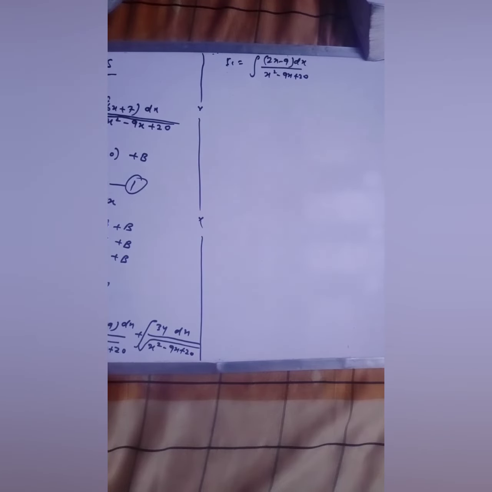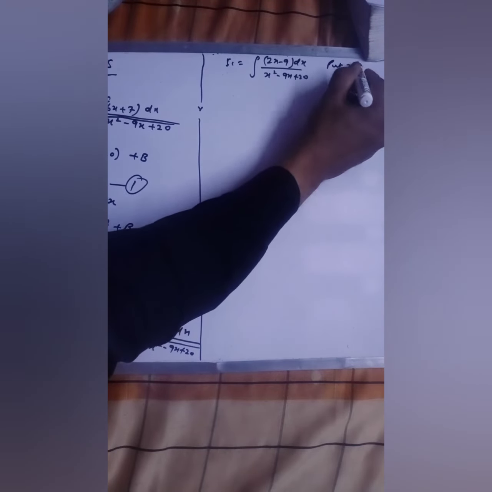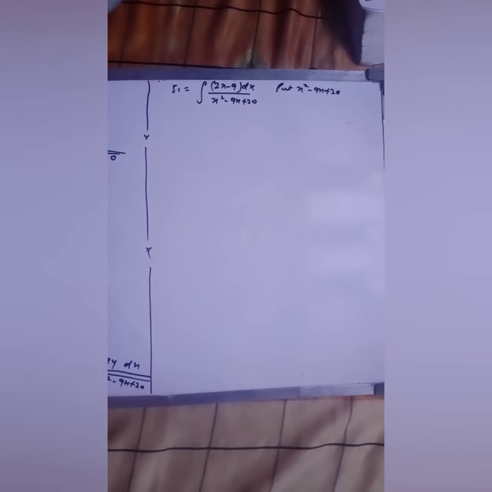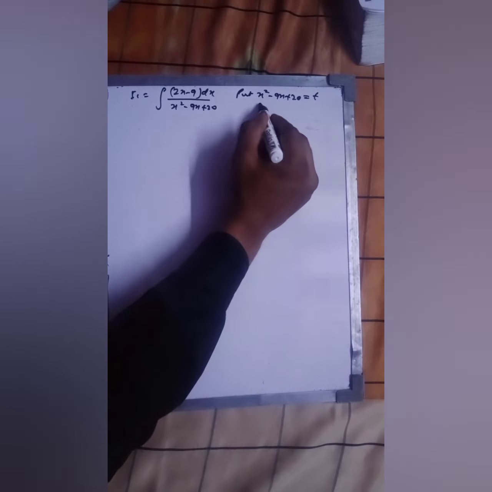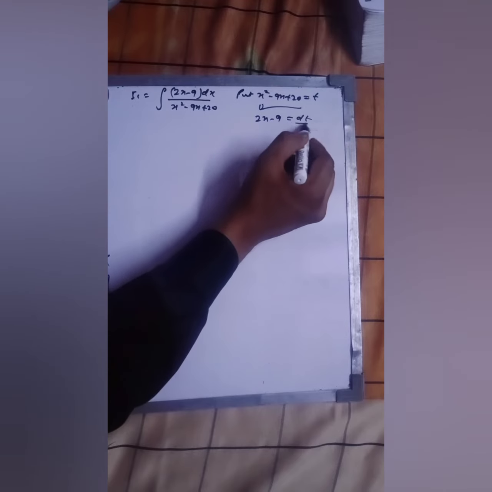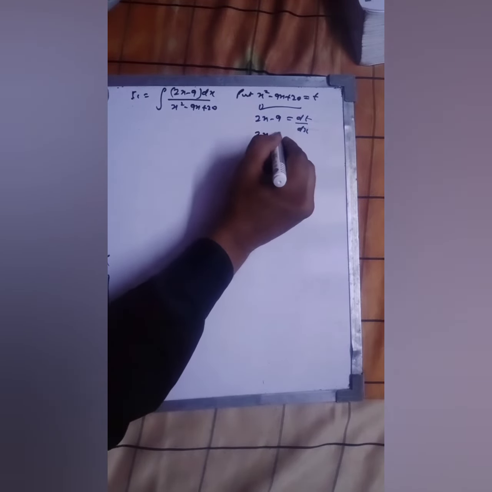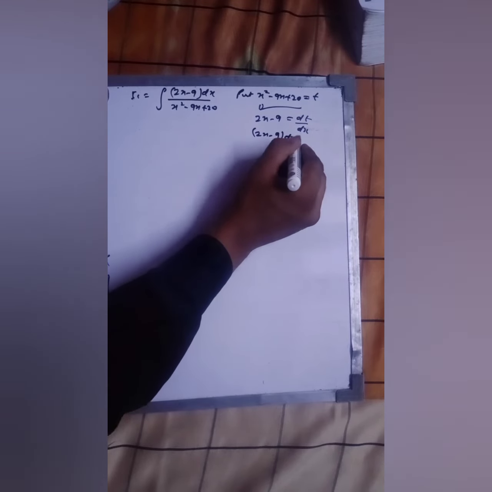Here I'm assuming that x square minus 9x plus 20 is equal to t. Differentiating both sides, you will get 2x minus 9 equal to dt by dx. So (2x minus 9) dx is equal to dt.